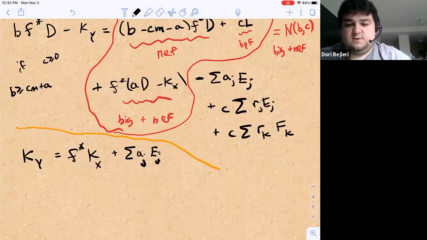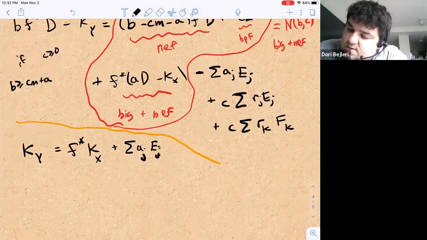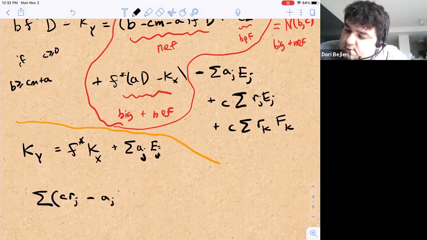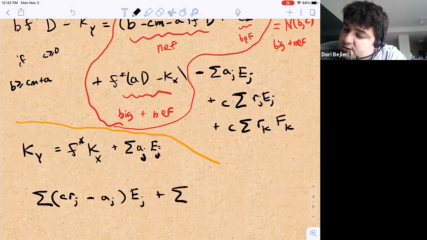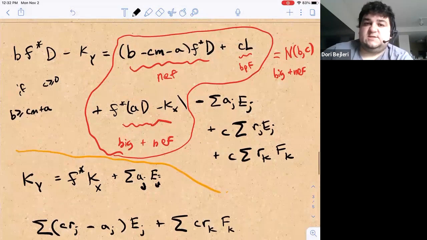Okay. So if we just put this stuff together, what's left? We have the sum of CRJ minus AJ times exceptionals, plus the sum of CRK times FK. And what do we want for this last piece?